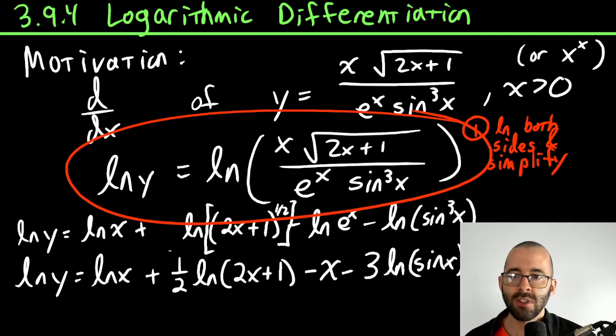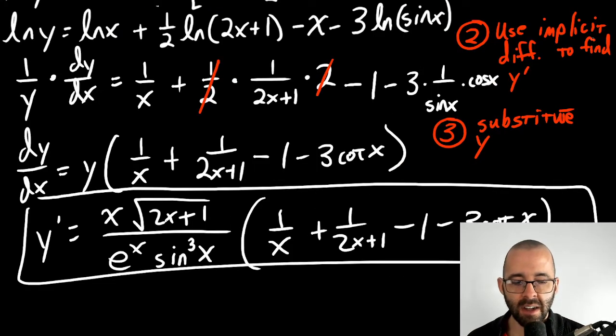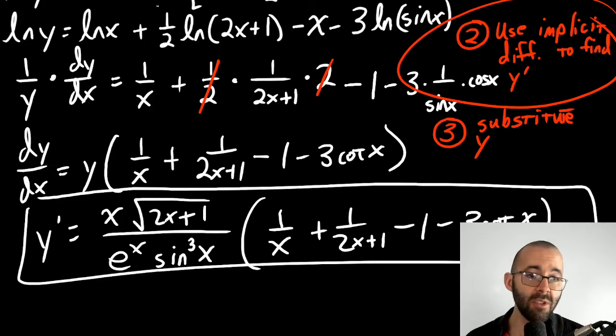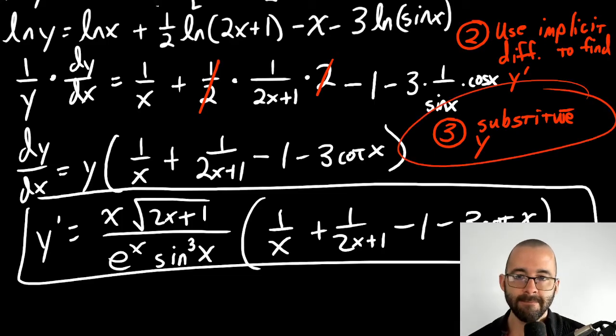Logarithmic differentiation is just taking the derivative of the logarithm to make use of all of these really nice properties of logarithms that we can use to simplify things. It's just a process to make things easier, where we take the natural log of both sides, simplify, and then use implicit differentiation to find y prime. And the final step is always going to be substituting y back.